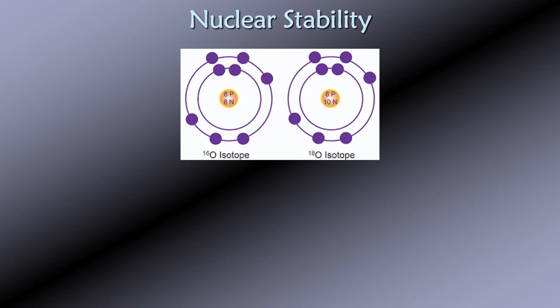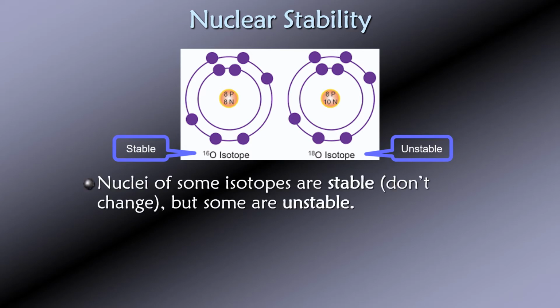What you guys see here on the slide are two different isotopes of oxygen. We have oxygen 16 and we have oxygen 18. Oxygen 16 is a stable isotope. Oxygen 18 is an unstable isotope. So basically, this is a very common phenomenon that the different isotopes of an element can either be stable or they can be unstable.